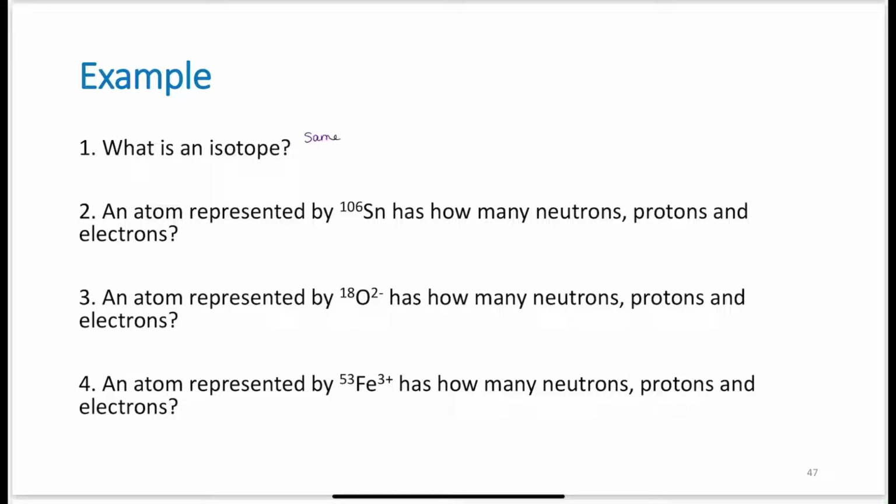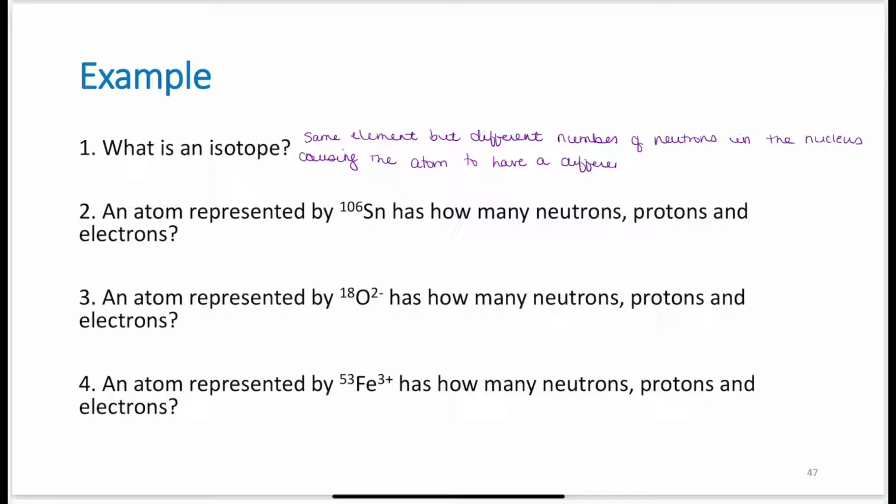So same element, but different number of neutrons in the nucleus, causing the atom to have a different mass than another atom of the same element.